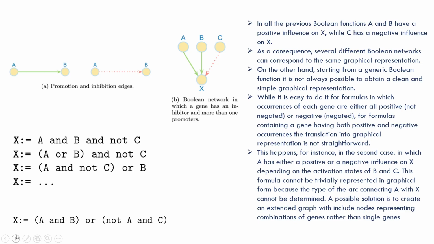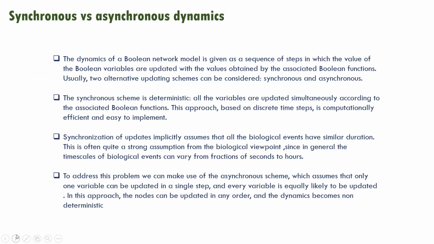This is one problem that you have to keep in mind while translating from graph-based networks to Boolean relationships. So the one-to-one mapping should be there. Your relationship should be well defined, and it should be clear what the relationship between the genes is.